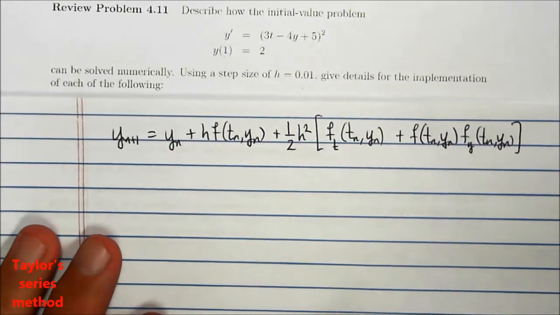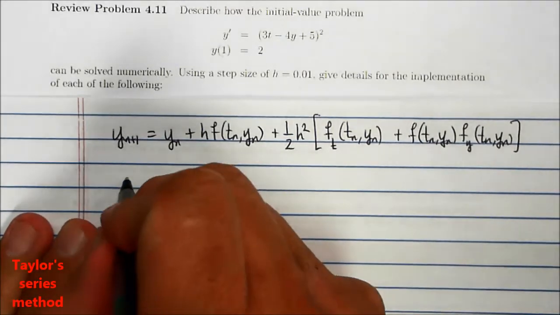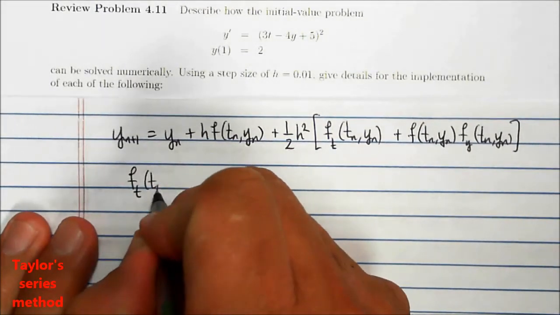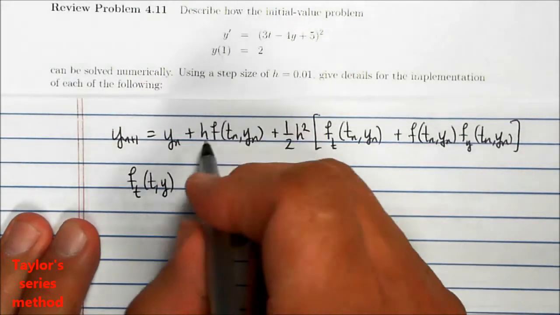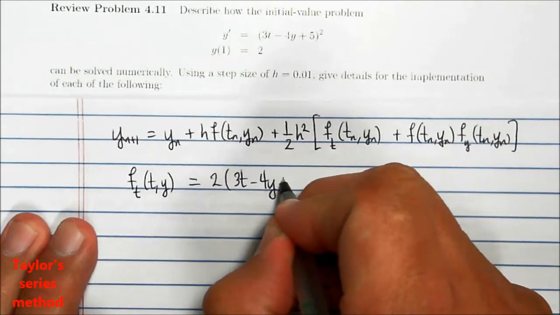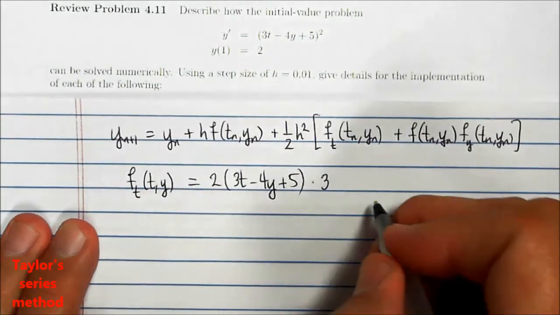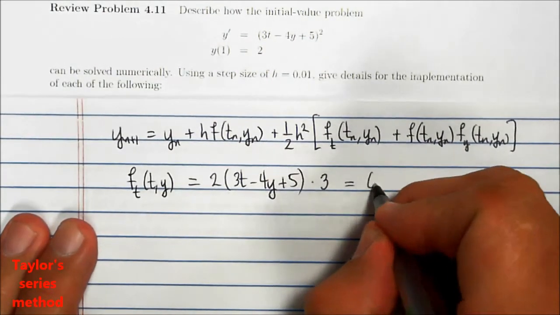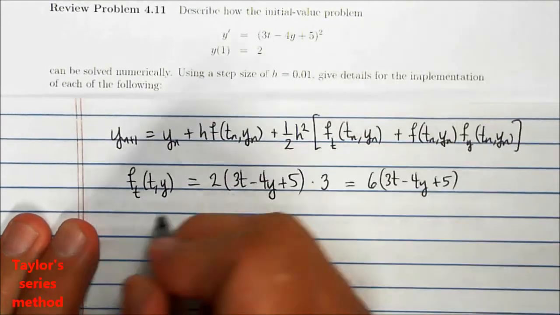Okay, so to implement the Taylor series method, I've got a couple of derivatives that I have to figure out first. First off, the derivative of f with respect to t. If I take the derivative with respect to t, I get 2 times the quantity 3t minus 4y plus 5 to the first, times the derivative of the inside, which is 3, with respect to t. So I get 6 times 3t minus 4y plus 5.